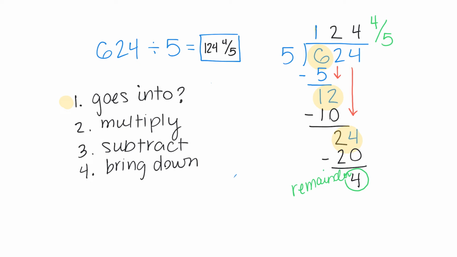So is 5 a factor of 624? No, it's not, because I had a remainder that was something other than 0.